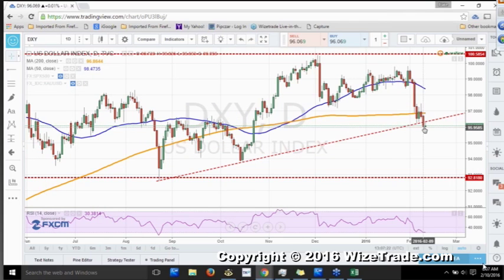So if Janet Yellen is a little more hawkish than expected, the dollar's going to rip back up. You're going to see this green candle today, and then you're going to get a false breakdown, and the dollar is probably going to head right back into the upper end of its range.